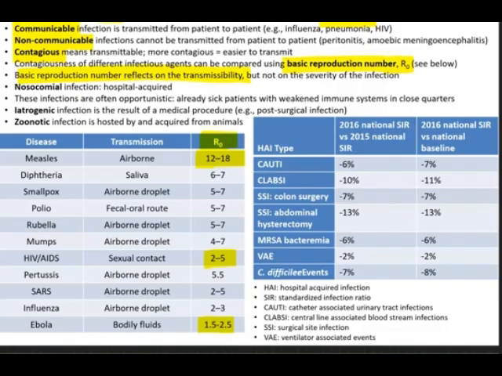So does it take into account behavior? No. Think about this, the basic reproduction number for SARS-CoV-2, the coronavirus that caused the recent pandemic, is estimated to be between 3.5 and 4. Okay?